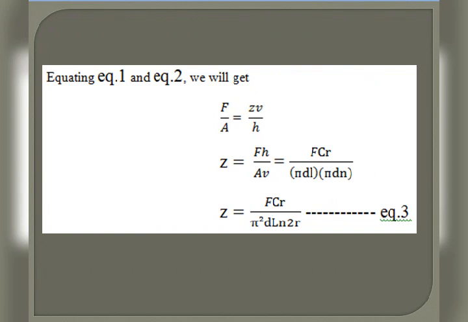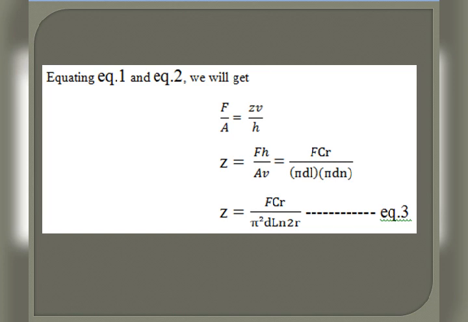For the derivation of Petrov's equation, we must consider Newton's law of viscous flow, which states that the shear stress between adjacent fluid layers is proportional to the velocity gradient between the two layers. According to that, we get two equations.